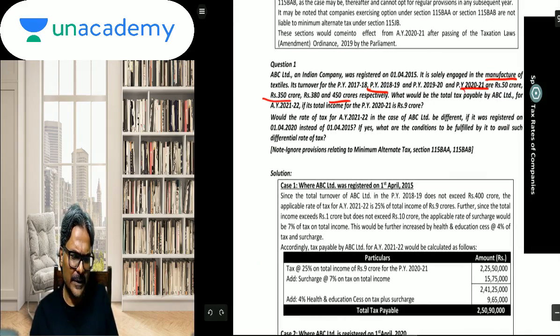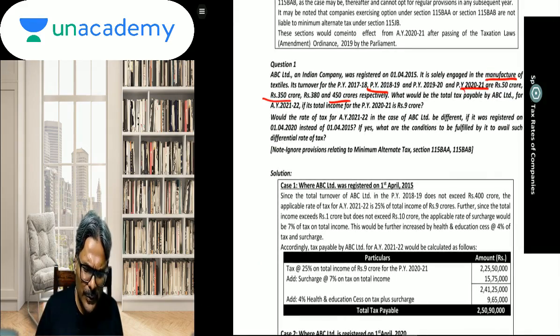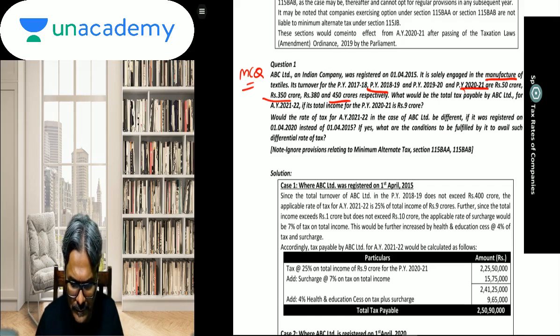Let's do this particular question number 1, although you can get this in the form of an MCQ. Let's still have a look at this question.